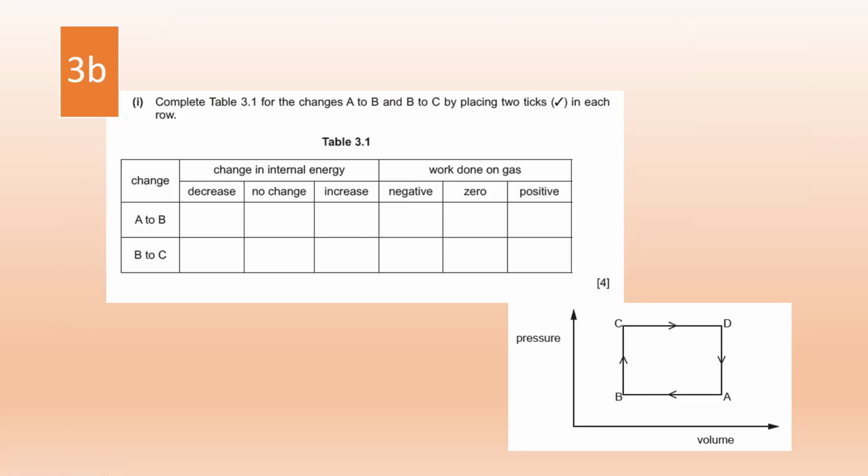And work done on the gas: A to B positive, B to C zero. Huh? B to C, change in internal energy increase. Work done, B to C is zero. Okay, no?